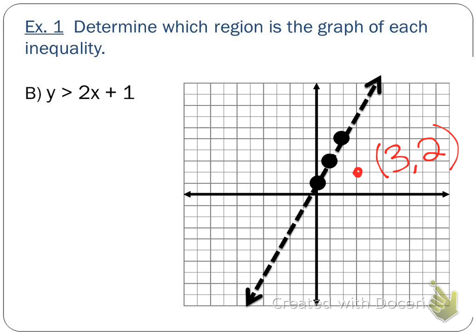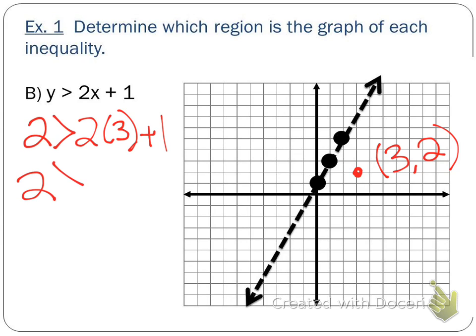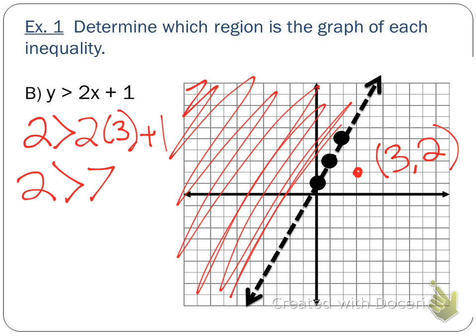So I'm going to take the y out and put a 2 in. I'm going to take the x out and put a 3 in. Is 2 greater than 7? No. So now I jump to the other side and I shade that side in.